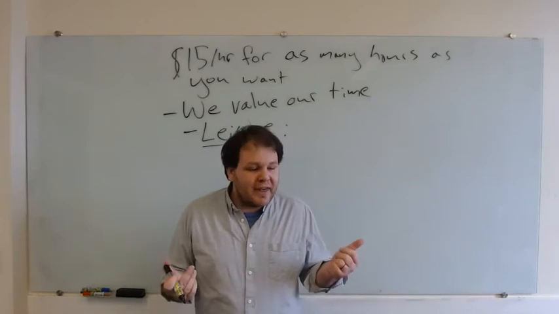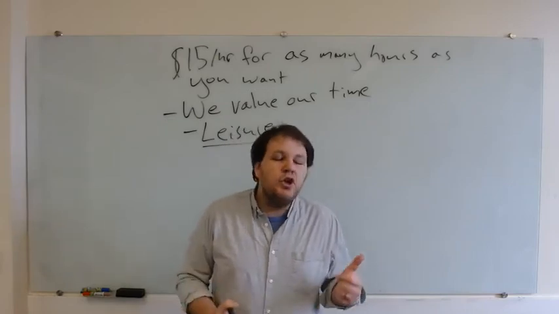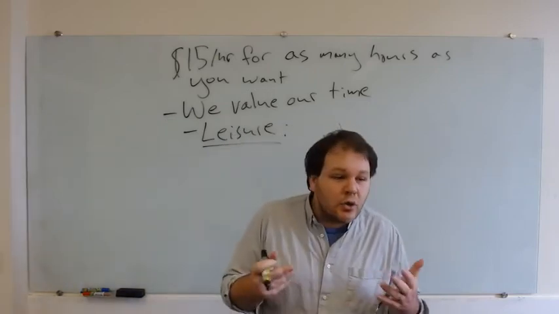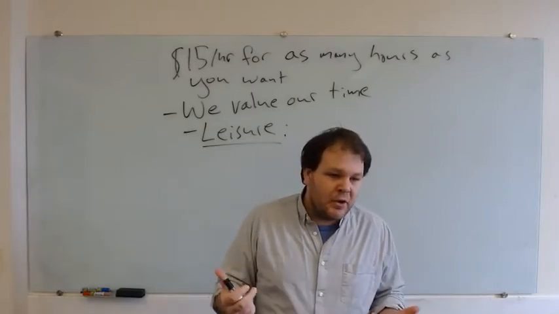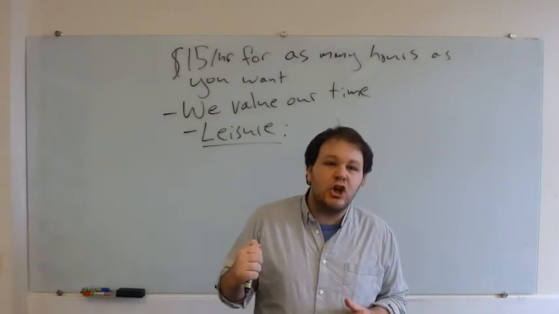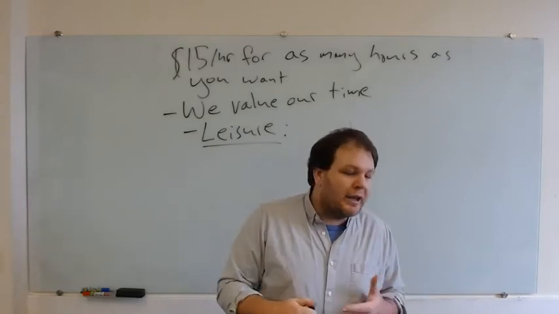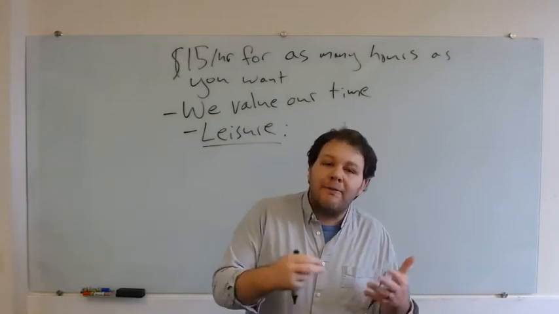And I'm talking about things that you might value because they're useful and important, or they provide you with important goods, even if they're not fun. So doing your taxes is leisure, cleaning your apartment is leisure, cooking food is leisure.